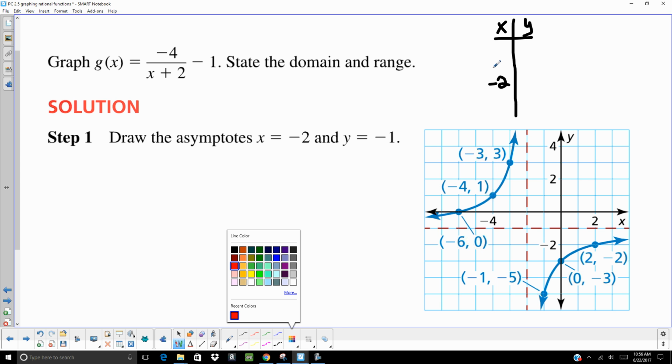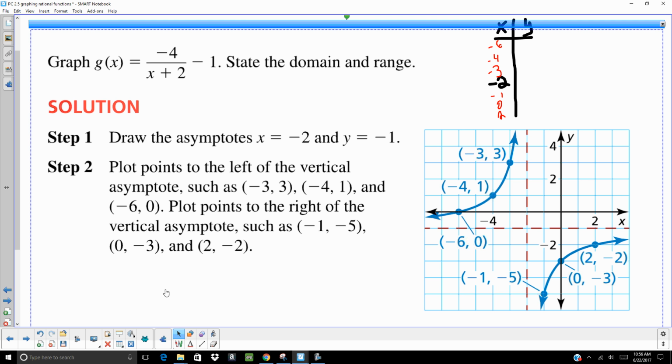What they did was they chose some numbers that were smaller, -3, -4, -6, and again, those are numbers that you choose. And then they chose some numbers that are bigger, -1, 0, and 2. You plug those back in, and that gives you your y values. I'm not going to do that because you guys are in pre-calc. I'm going to assume you can do the plug and chug of it.